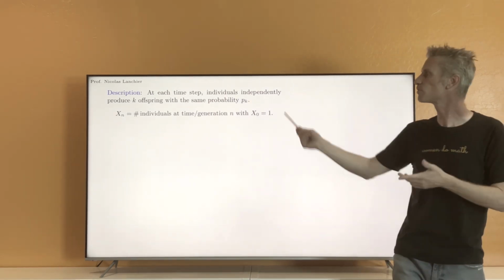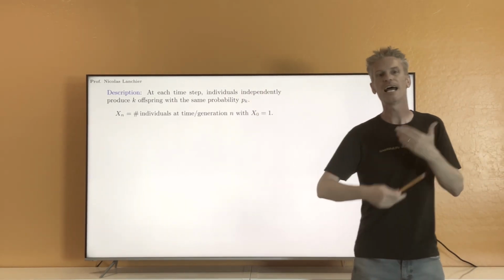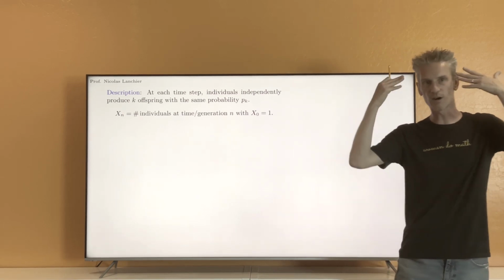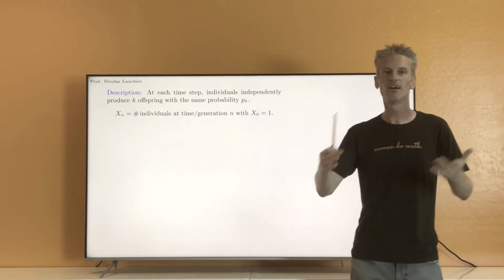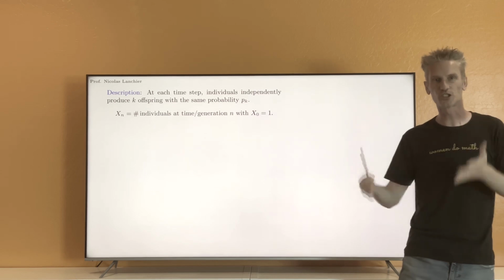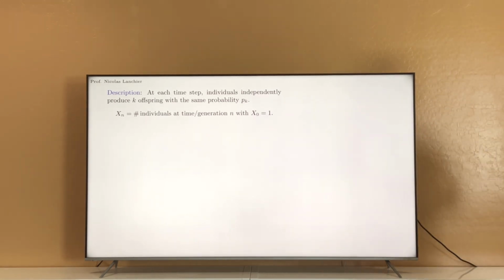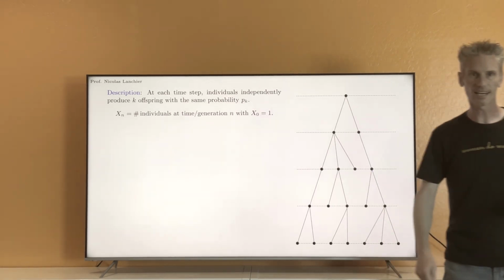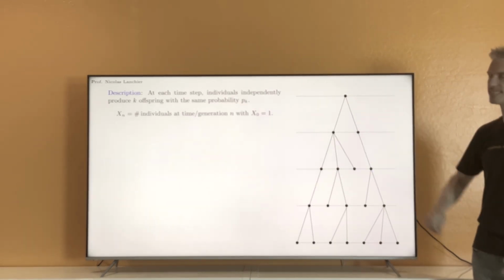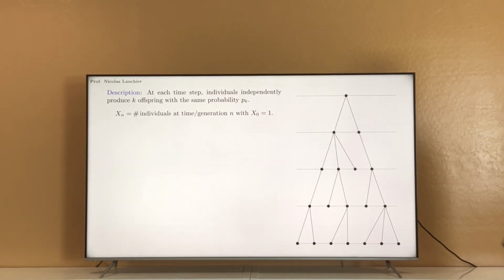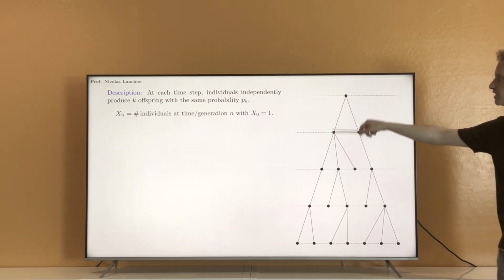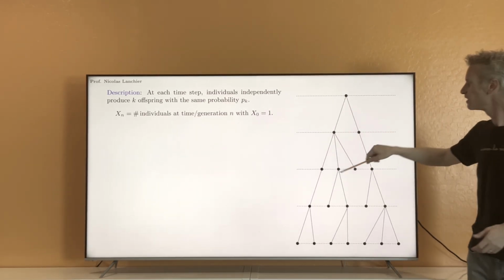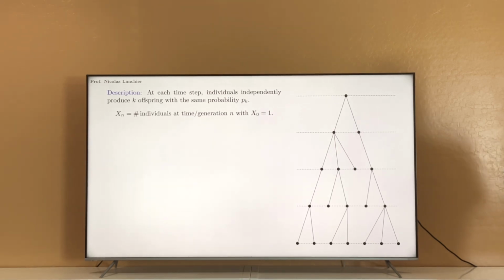To understand how you do this, like the algorithm, it helps to have in mind the picture of a Galton-Watson tree. A Galton-Watson tree is a random tree that can look like that. That's a rooted tree that starts with one vertex, and then you have a random number of edges going down like that, starting from each vertex.